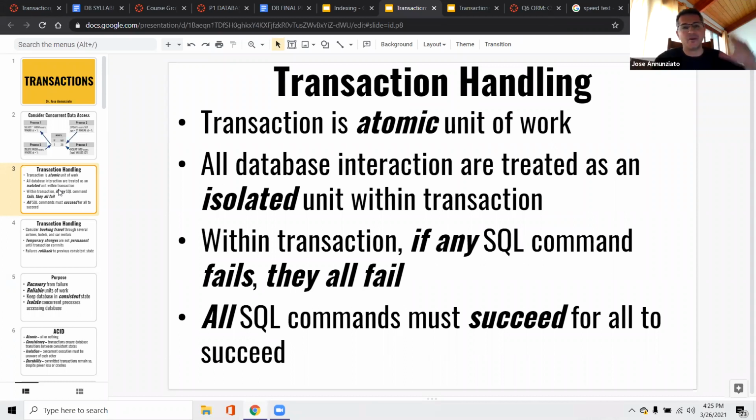We don't know what happened, but we have a marker on where this transaction began, and we can roll back the entire database to the initial state from before the fault or the failure happened. We can go back to a previous known state of where the database was, back to a consistent state.